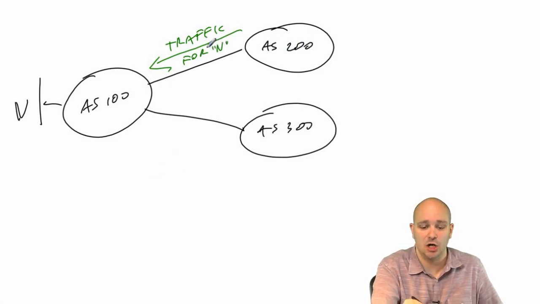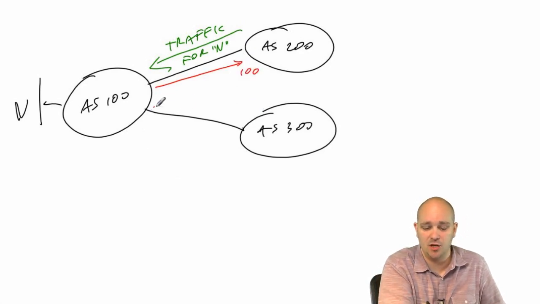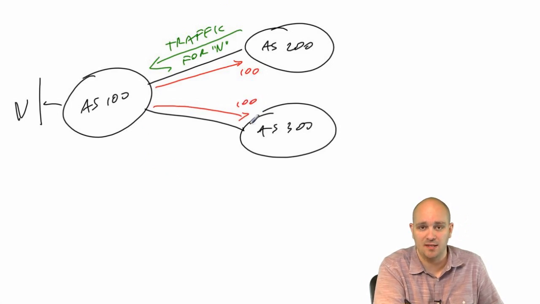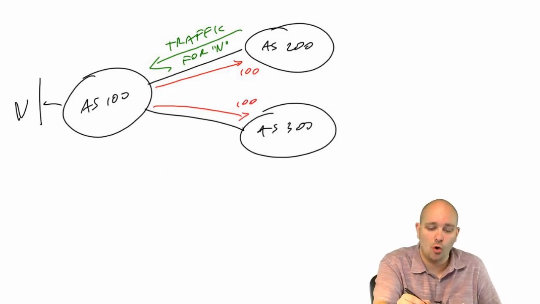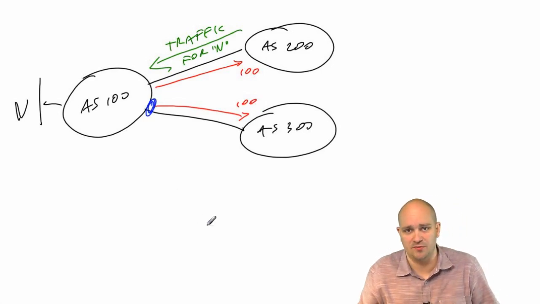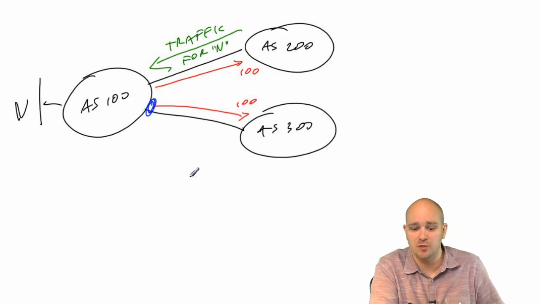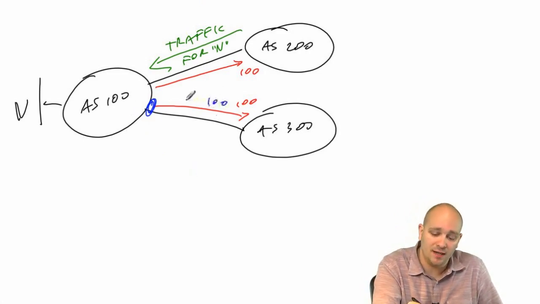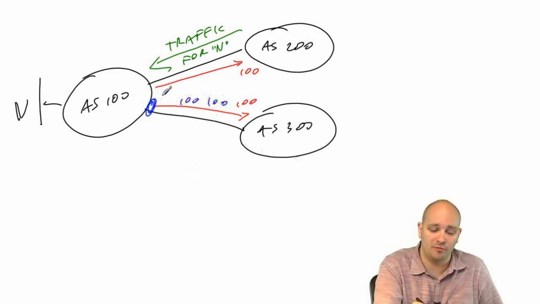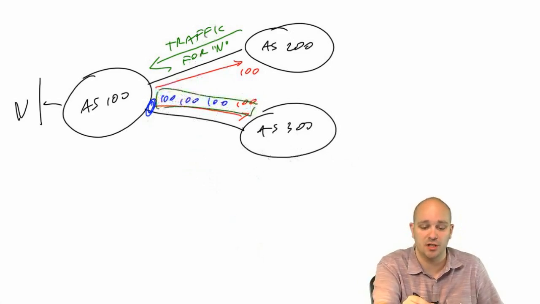So we want to receive the traffic for N over this link here. Now, if we advertised this in BGP normally, this will be the AS path here, and this will be the AS path here. What we can do on this session here, where we want to have lesser preference for our routes, is configure our BGP session to actually prepend our AS a couple of times, 2 or 3 times. Now, take a look at this. This is the AS path that is going to be considered here.